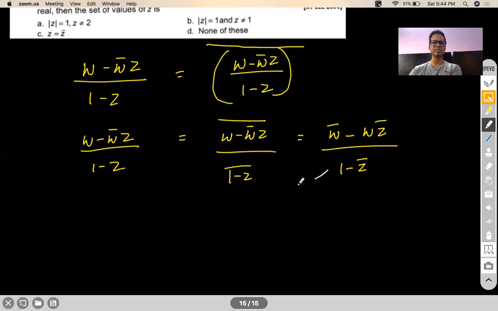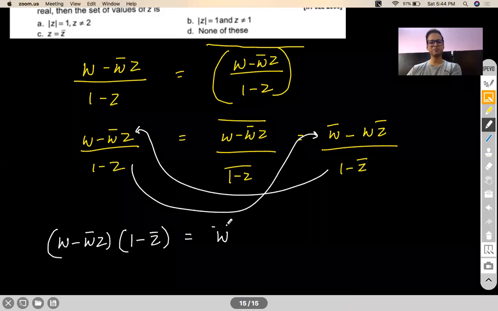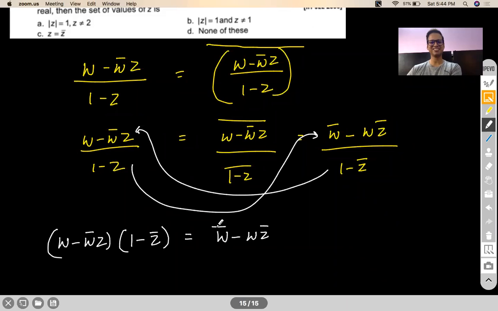Let's cross multiply. This multiplies to this. This multiplies to this. Let's see what happens. So W minus W conjugate Z times 1 minus Z conjugate is equal to this. Let's expand this.